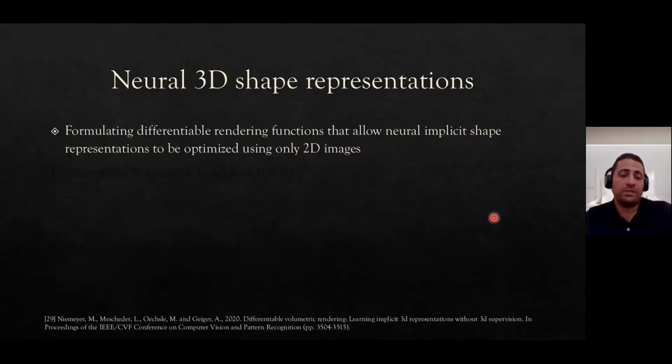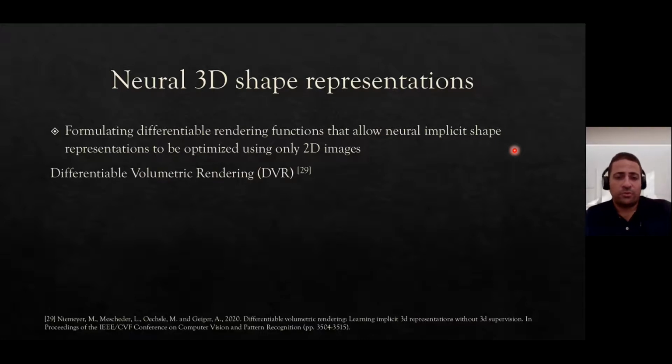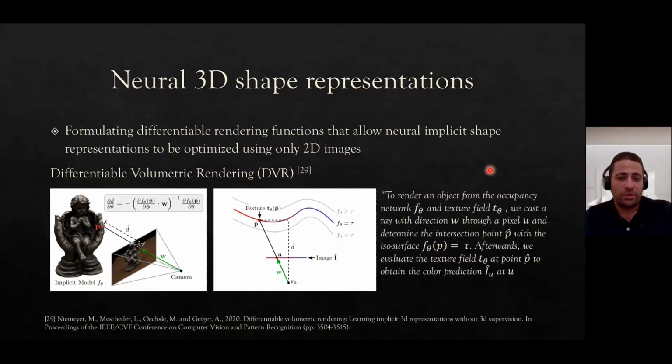Now, the next kind of methods does the same thing, but using only 2D images. So the first method we will discuss is differentiable volume rendering, DVR for short. This was also presented in the related work in this paper. So DVR builds on what we previously discussed in the occupancy fields paper.